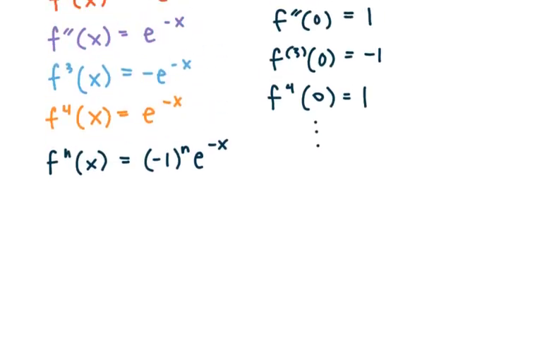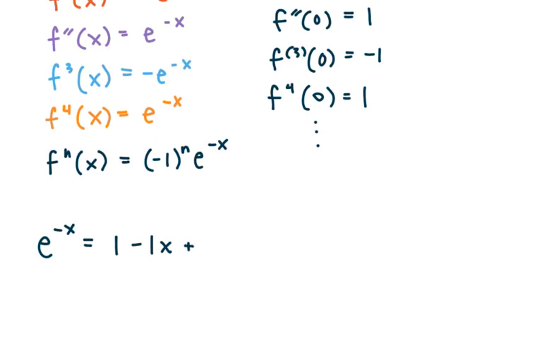So if we look at our Maclaurin series polynomial expansion, we'll say that e to the negative x is equal to f of 0, which was positive 1, plus the first derivative evaluated at 0, we got negative 1, so plus negative 1, we're going to have minus 1x.